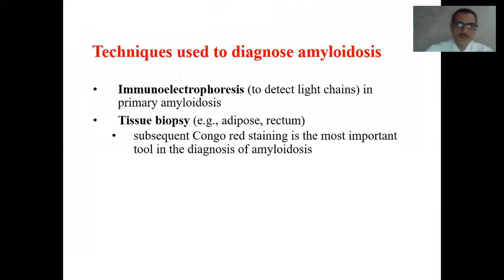We use different techniques for the diagnosis of amyloidosis: immunoelectrophoresis to detect the light chains in primary amyloidosis, and tissue biopsy, especially adipose tissue from the rectum, with subsequent Congo red staining, the most important tool in the diagnosis of amyloidosis.